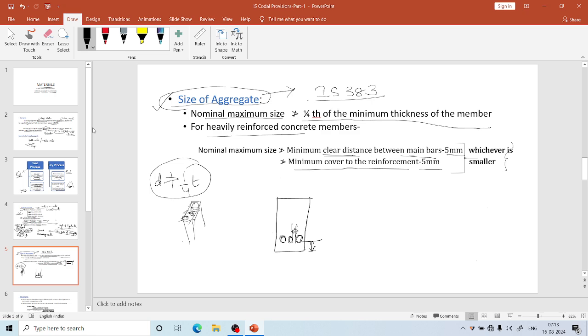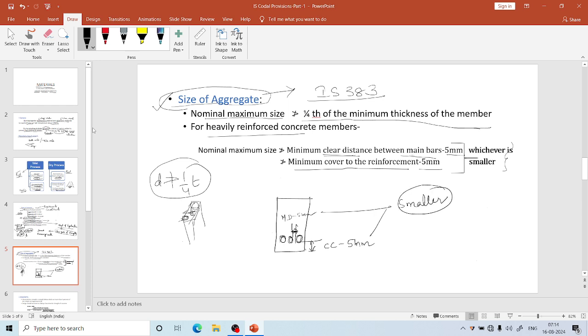The maximum size of the aggregate should not be more than the minimum clear distance between the main bars minus 5 mm, or the clear cover minus 5 mm, whichever is the smaller value.